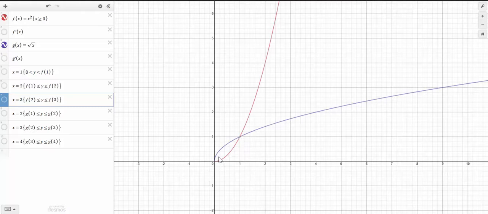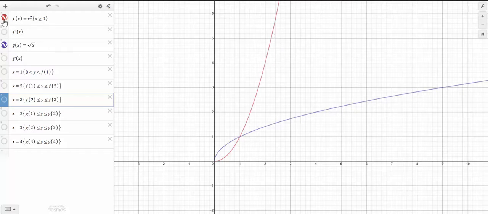So this function is increasing, and it's increasing at a faster and faster rate. So the first derivative is increasing, therefore the second derivative must be positive. First derivative increasing, second derivative is positive.